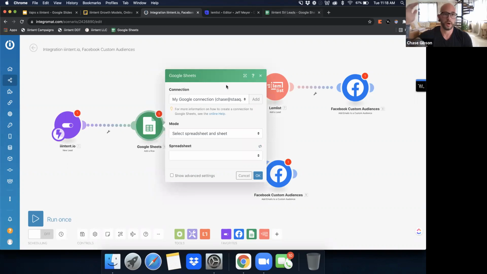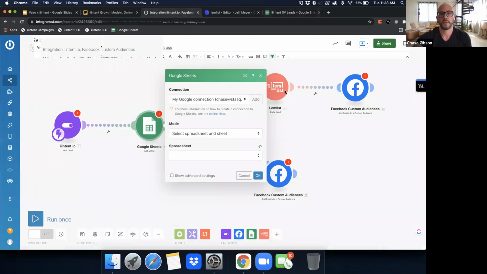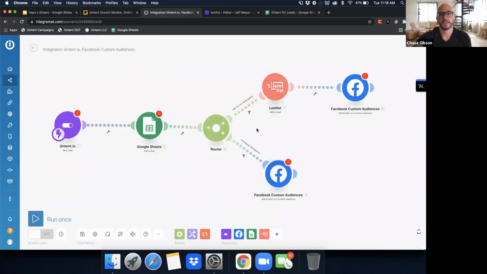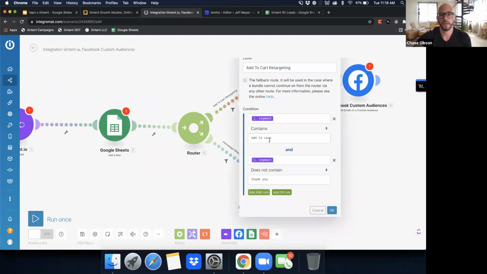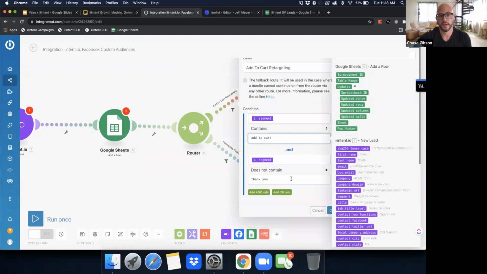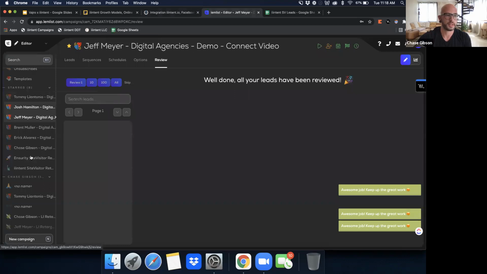So now I've got a running list of all my site visitors and where they went to. And then we can create a routing sequence where if they got to the add to cart page and they didn't make it to the thank you page, then we're going to send them a personalized email. And it might look something like this.